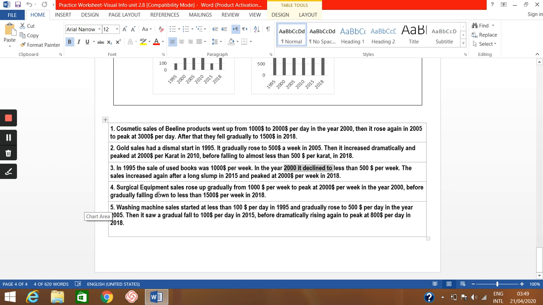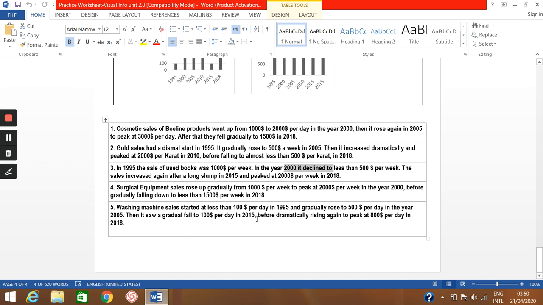Surgical equipment sales rose up gradually from $1,000 per week to peak at $2,000 per week in the year 2000, before gradually falling down to less than $1,500 per week in the year 2018.